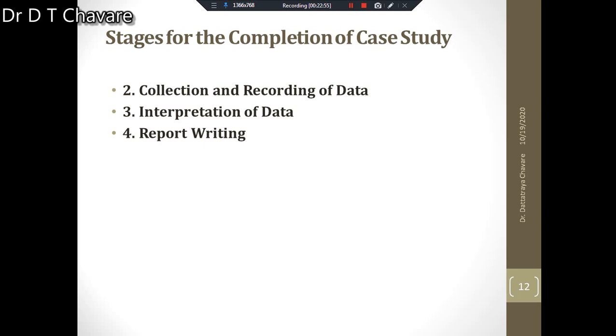Then the next step in the completion of the case study is interpretation of data. After collection and recording of the data, what is the next step we have to follow? Interpretation of the data.